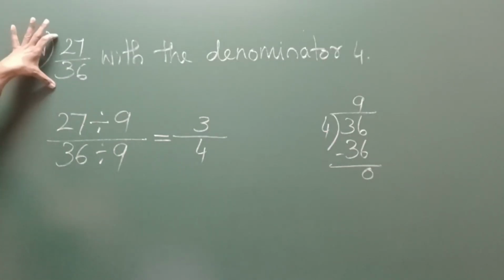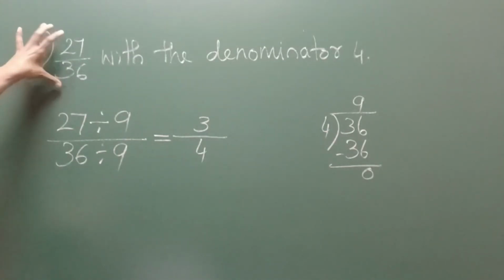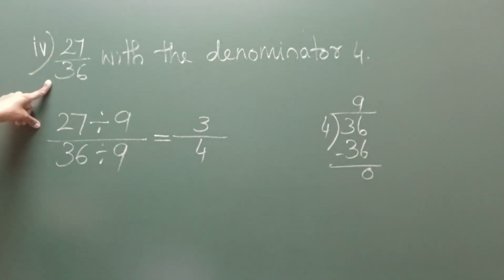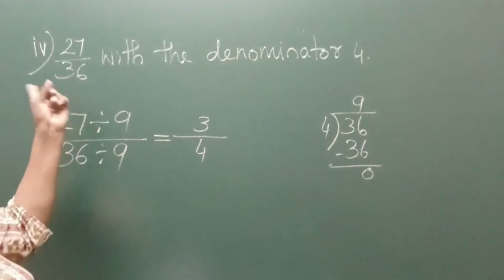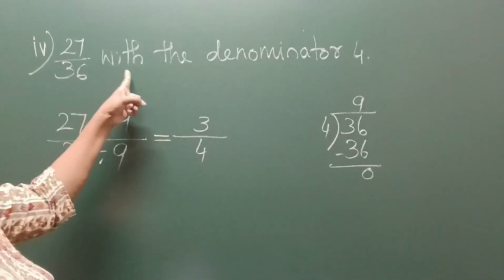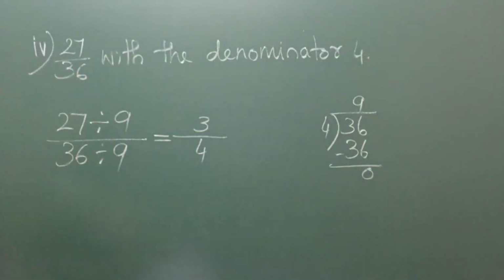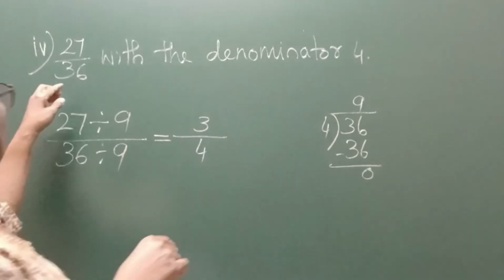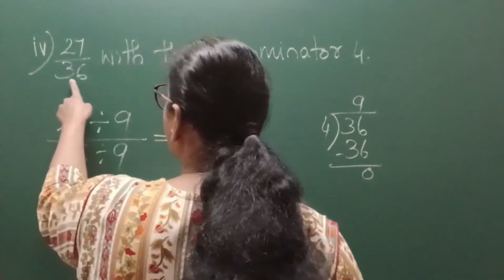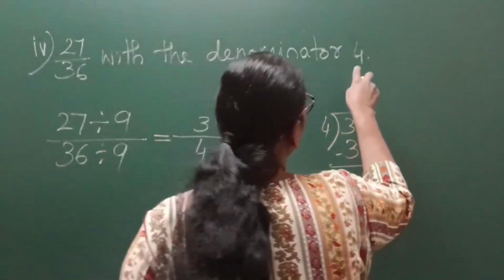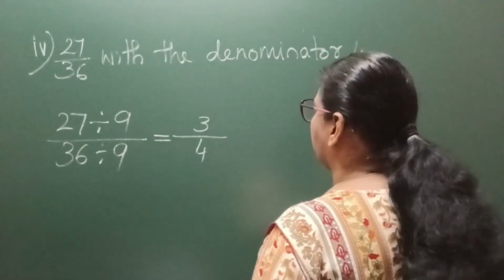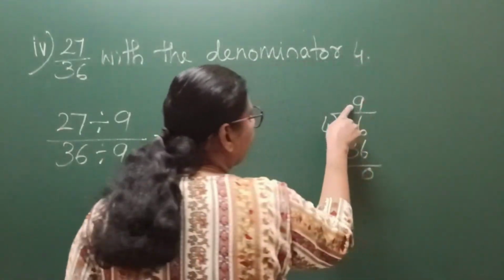Once again, the given fraction is 27 upon 36. We have to find an equivalent fraction with the denominator 4. To obtain the new numerator, we first divide the given fraction's denominator by the new denominator. Then we get a factor.